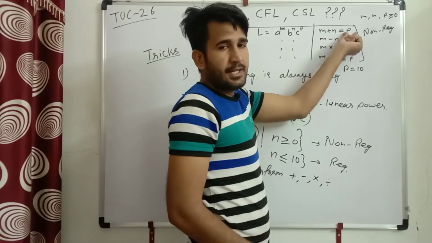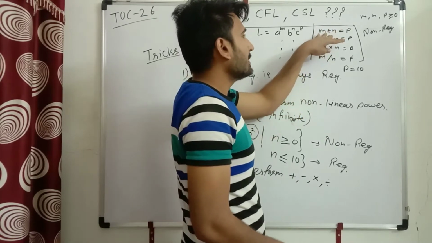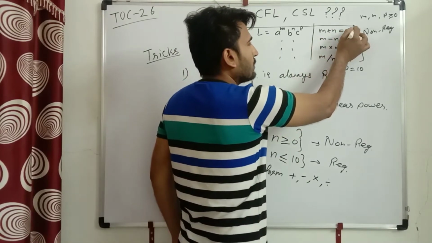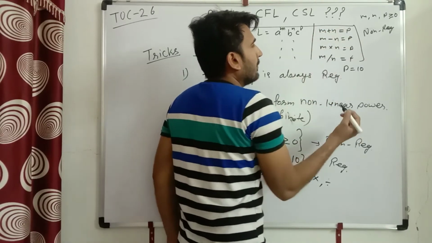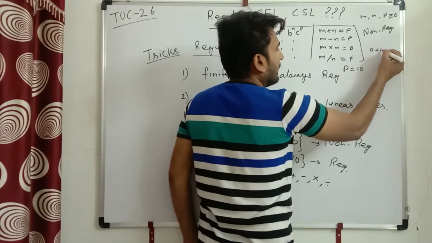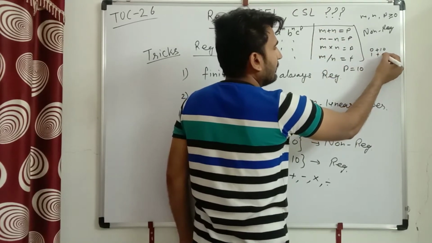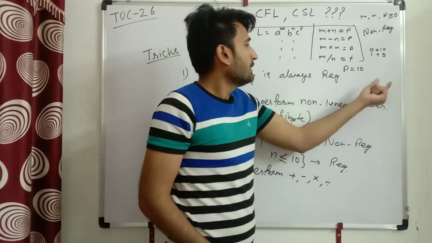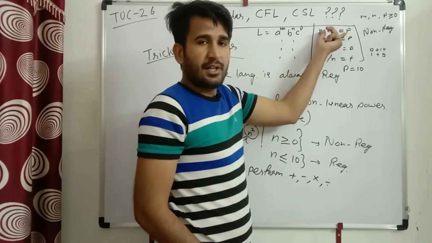If p equals 10, then a finite number of combinations of m, n can be there. If m equals 0, then n will be 10. If m equals 1, then n will be 9. So there will be only 10 combinations. So we can say that this is a finite language and it is a regular language.